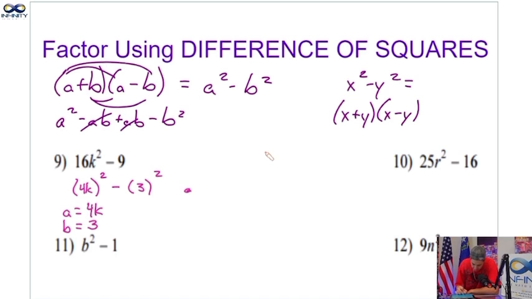So (a plus b)(a minus b) is equal to (4k plus 3)(4k minus 3). Again, we're not going to have to take that many steps, but we're going to do just one more like that, just so you can really see what's happening.